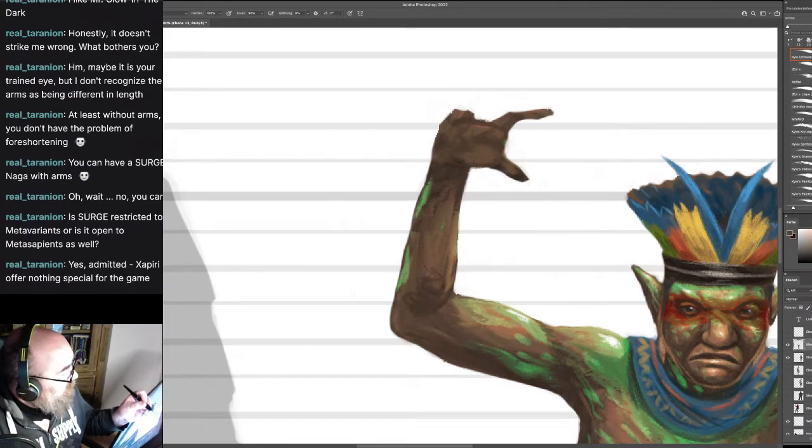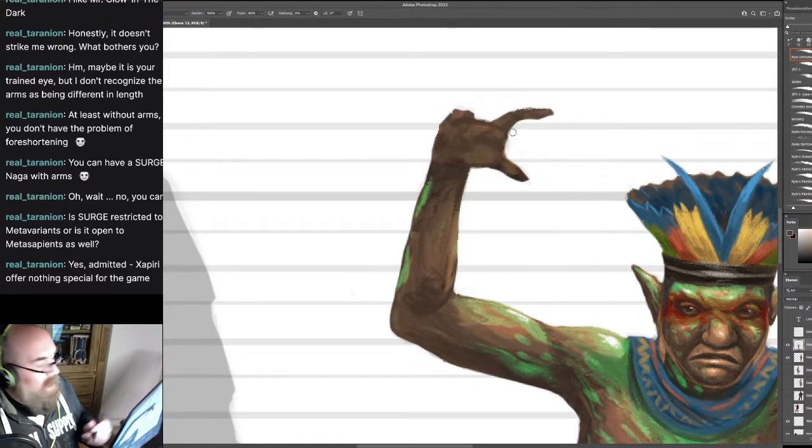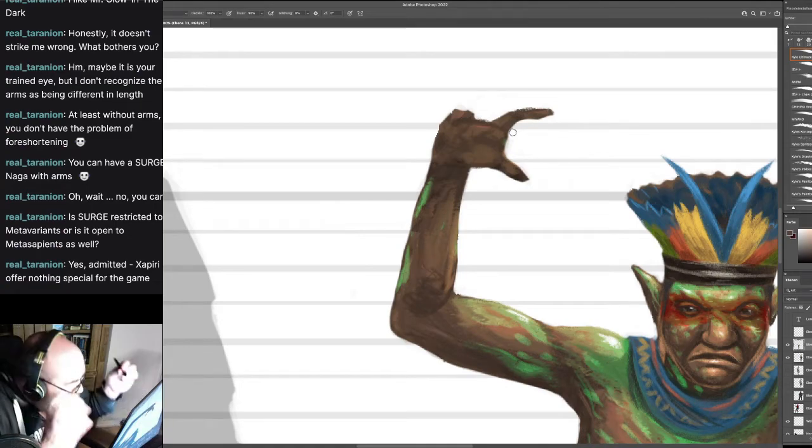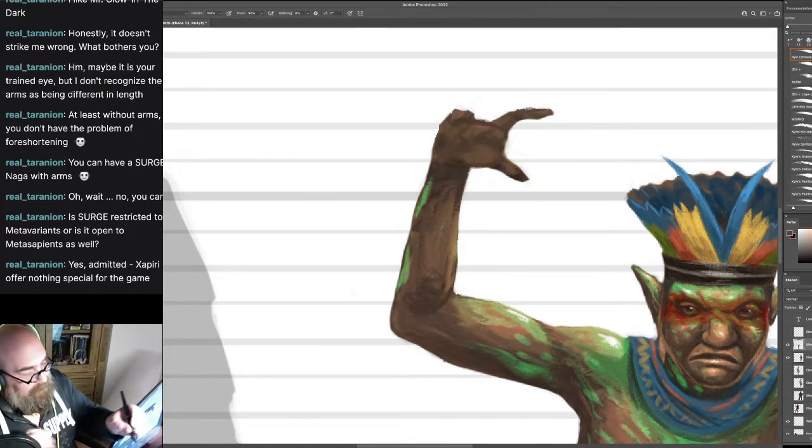Oh, they do offer something special for the game, but given that the amount of text you can present in any given source book is limited, I would have opted for more information for one of the more common, the more usable meta variants for normal Shadowrun groups.